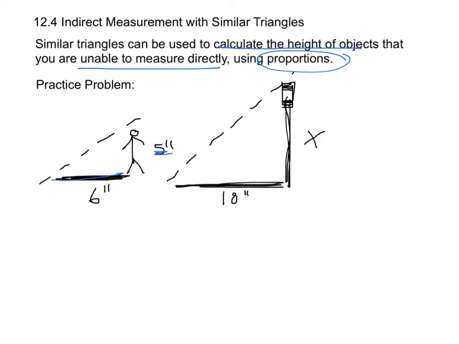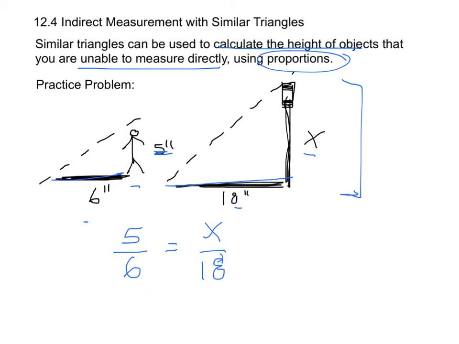But we want to find the height of this lamppost, which we can't measure, and we see that its shadow is 18 feet long. So if the proportion of the man to his shadow is 5 to 6, then we can set that equal to the proportion of the lamppost to its shadow, so x over 18.